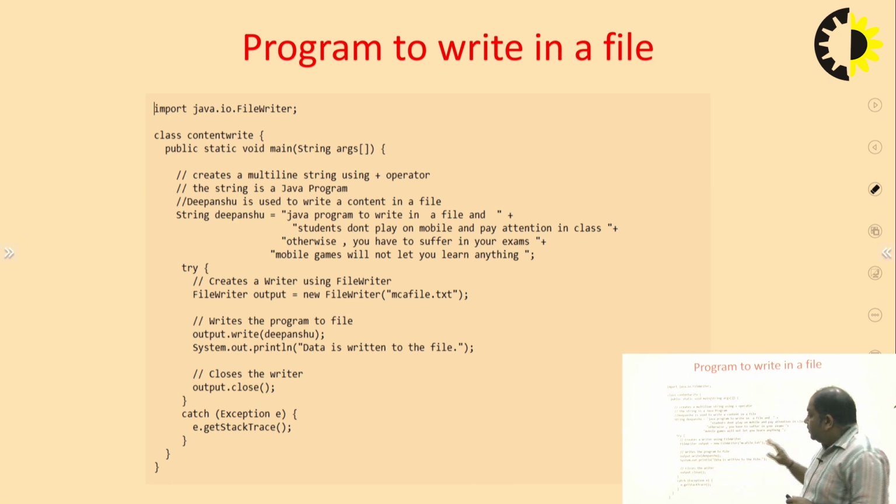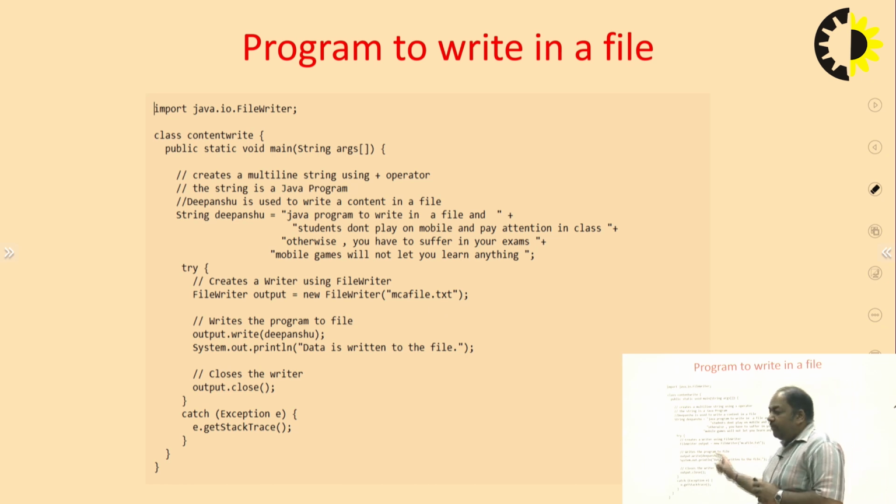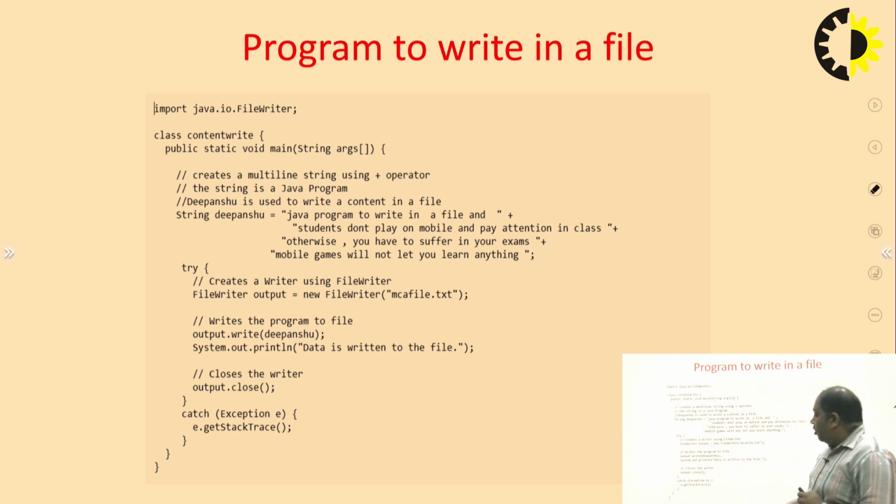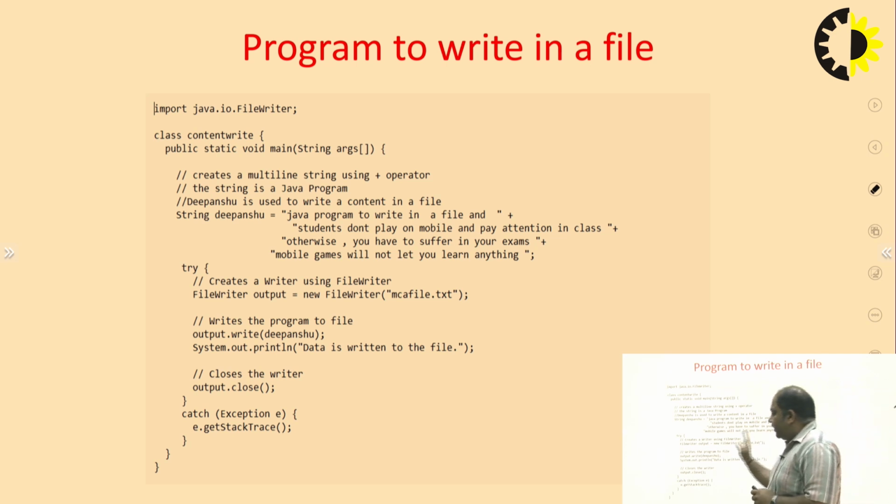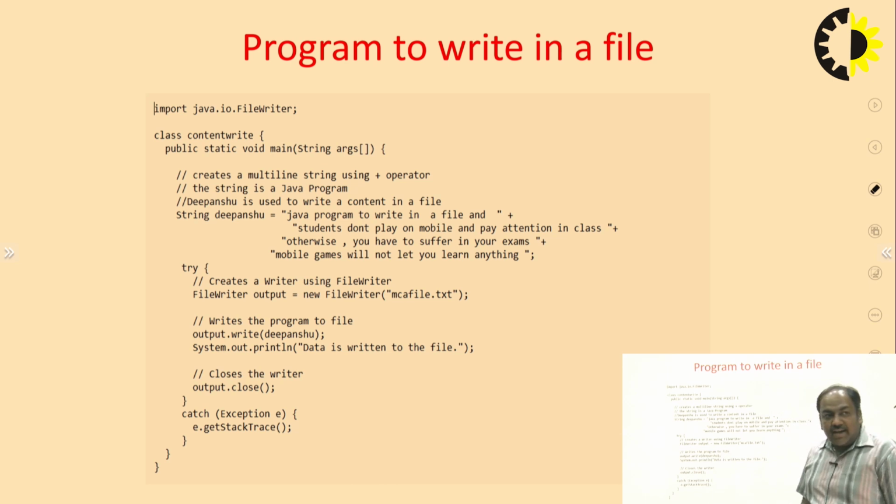which means in this file write the content which is written in the string data type, Dipanshu. So all the content which is written in the string is written into a file whose name is mca file.txt.